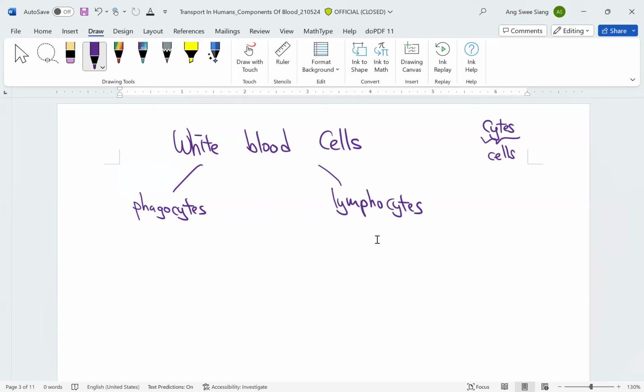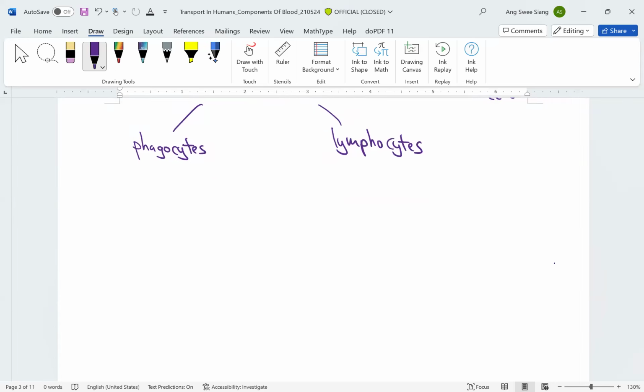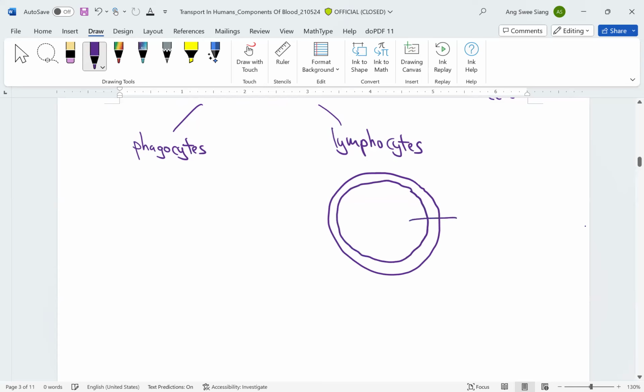So you need to know there are two different types of white blood cells, and they have two different functions. Before we talk about the function, there are some slight structural differences between them. First thing first, I will draw for you. For lymphocyte, usually it is rounded, and the nucleus is very big. This is the nucleus.